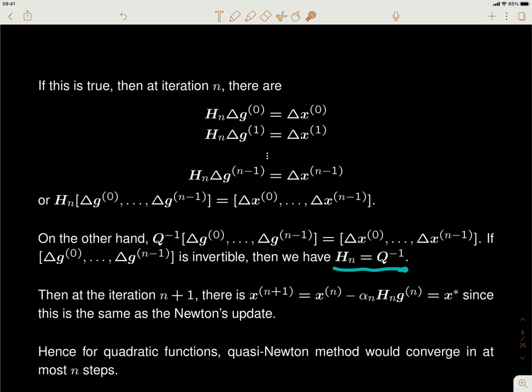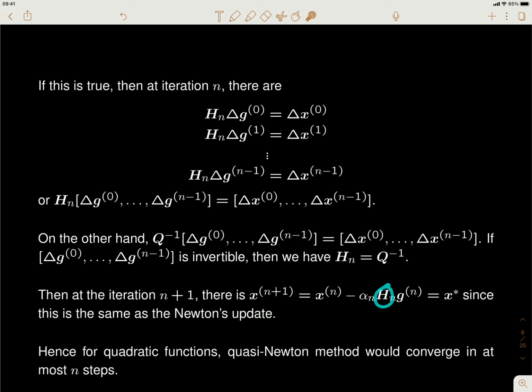And then let's say that we can do one more iteration, and the next iteration we're going to do is update xn to xn plus 1. And here we're going to use the Hn, and the Hn is shown to be the Q inverse. If we assume this is invertible, then this Hn is just the Q inverse.